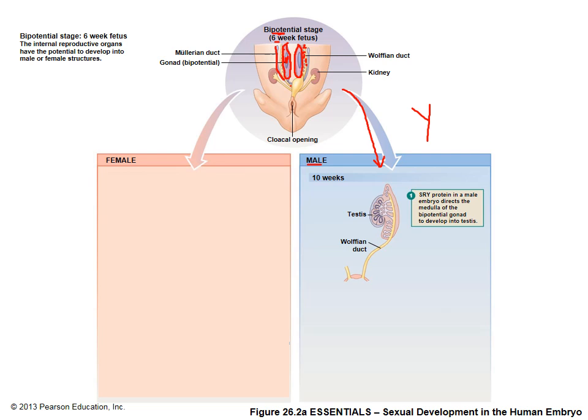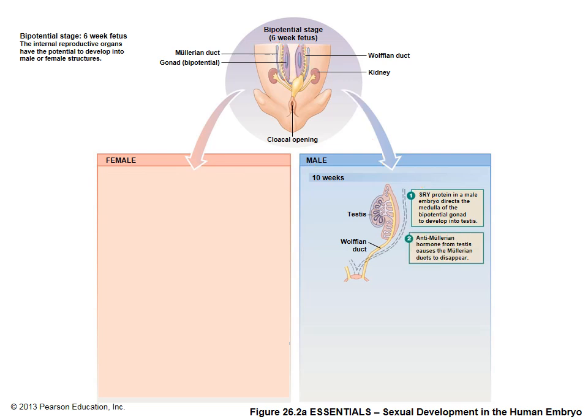This gene produces SRY protein, and this SRY protein within the male embryo then directs the development of the medulla. So the internal purple part of the gonad is directed to develop into the testis. That is how the development of the male gonad is directed, by influence of the SRY protein.